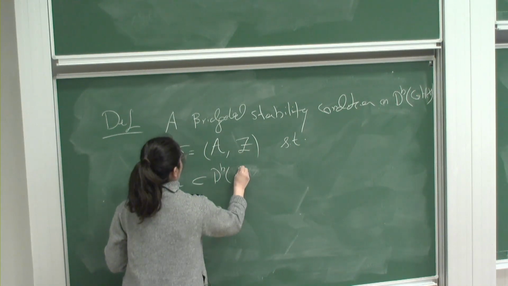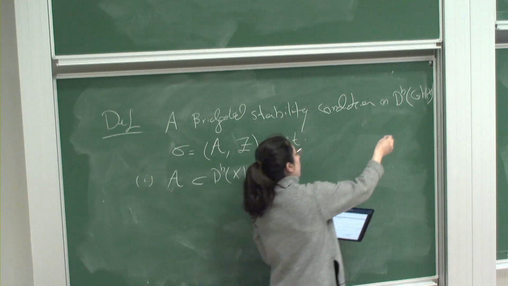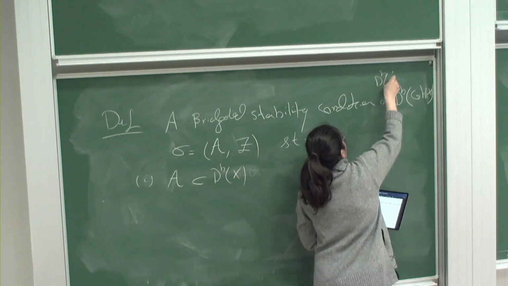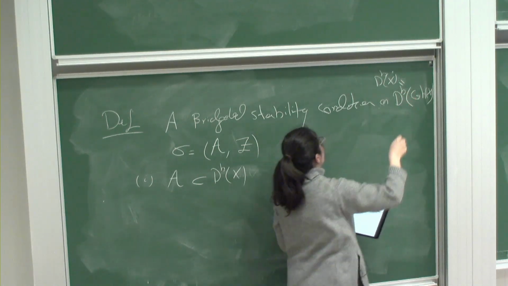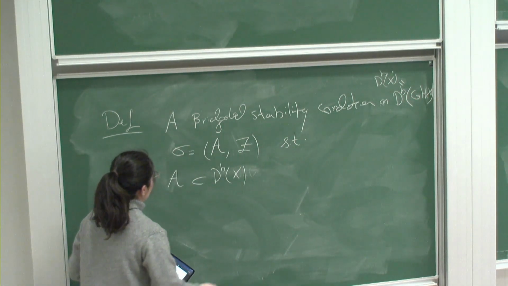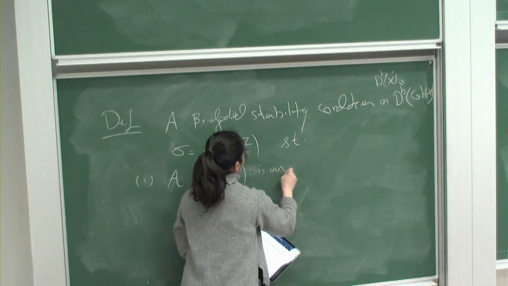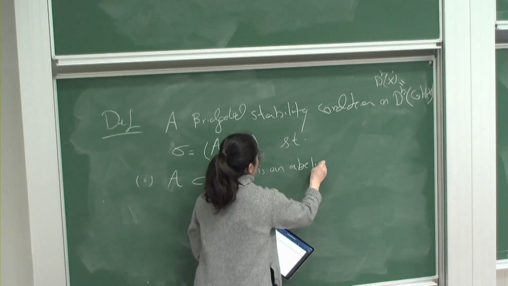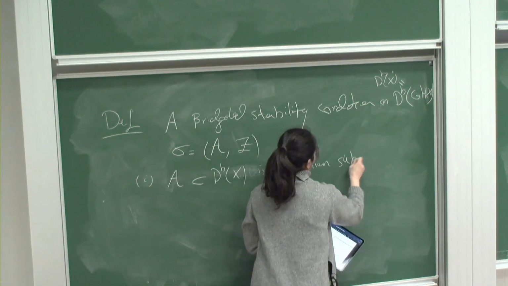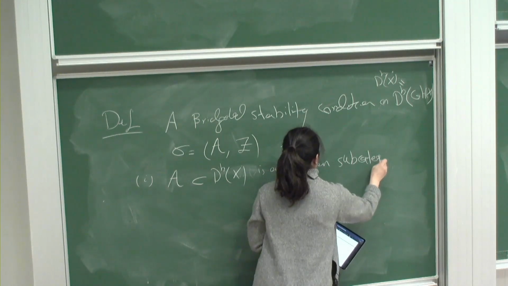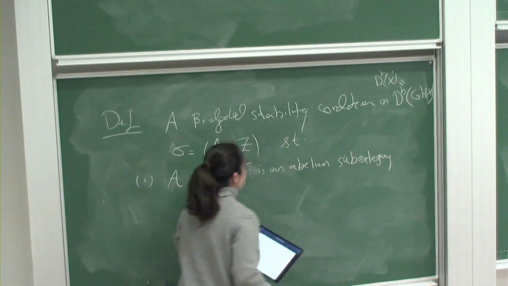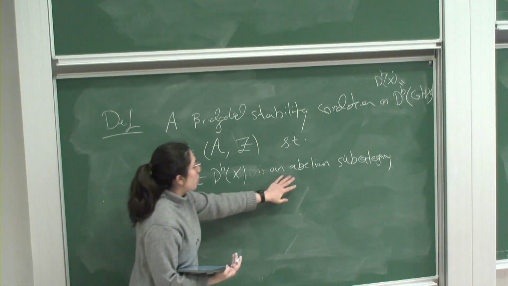Let me denote the derived category by D^b_X from now on. A is an abelian subcategory, but I want a bit more than just being abelian.